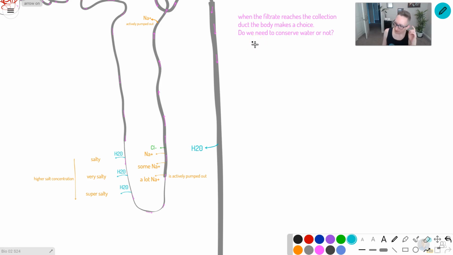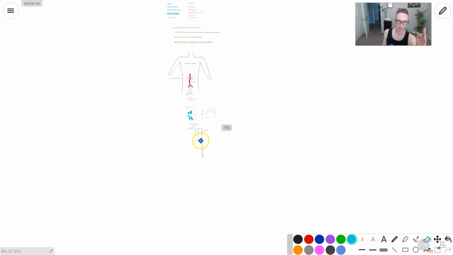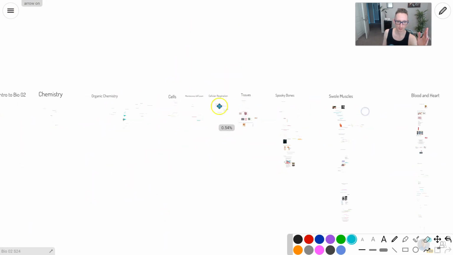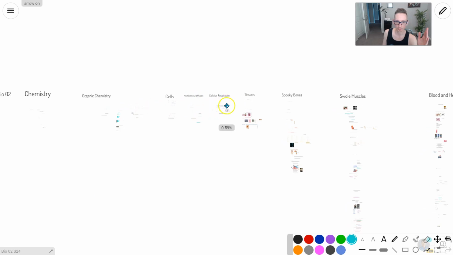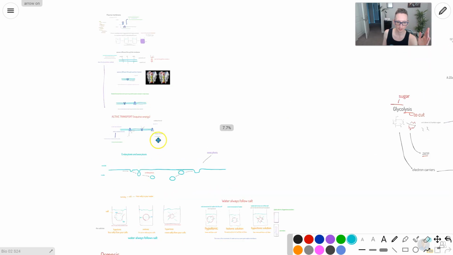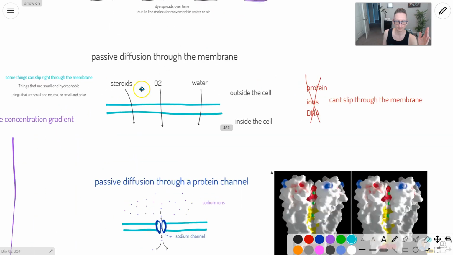All right, and then there's a very special hormone that is involved in this. So we learned way back in the cellular topic about diffusion, let's go back to it so you can see how connected this is. If we go back to membrane transport and diffusion, right here.